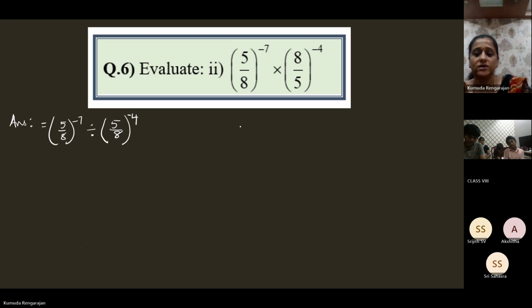That is, if you change multiplication to division, then you have to write the reciprocal of the next term. You've used that rule, is it? Yes, ma'am. When you change multiplication to division, you can write the reciprocal of the next term. So the reciprocal of 8 by 5 is 5 by 8 and the power is written as it is. Okay, correct. Next.